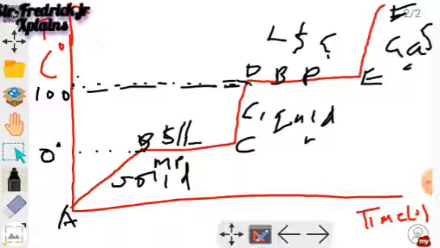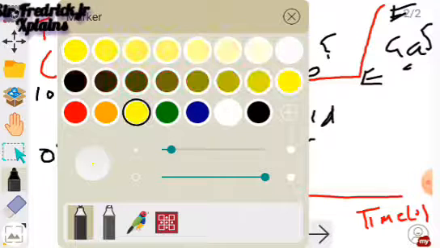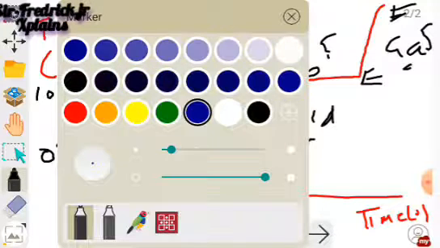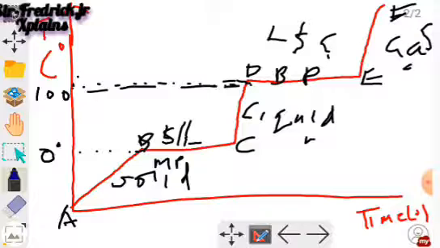So this is how we can tell that this substance, which was tabulated on the graph, was a pure substance, because it has an exact boiling point and an exact melting point.